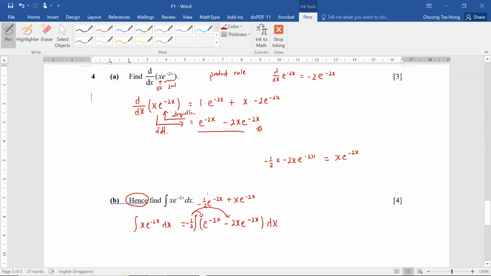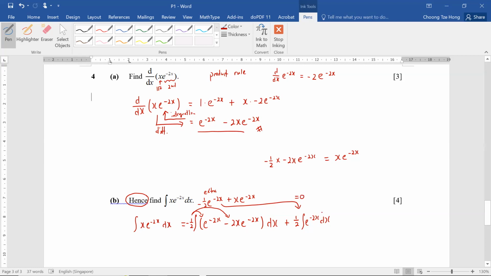To compensate for this extra term, on the right side I will need to add back the same term. So this negative half times e to the power of negative 2x, if I add it, then it becomes 0. Then the left and the right side will now be equal.